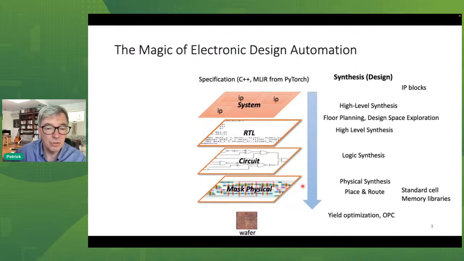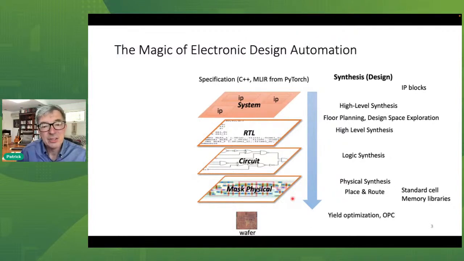We want this all automatic. Basically with the push of a button, you should be able to compile into silicon. That was our dream starting from the 1980s, but in practice, we have been fairly successful, but not entirely, and reasons why I would like to address in this presentation today.